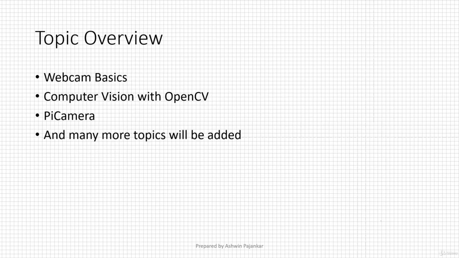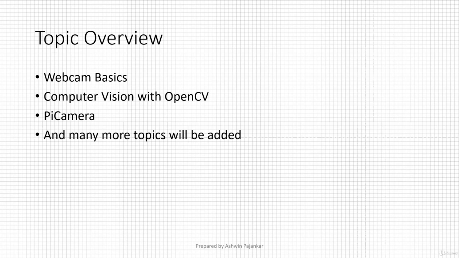Then we are going to move towards the basics of interfacing a webcam with a Raspberry Pi, and then we will understand how we can write programs related to computer vision with OpenCV and Raspberry Pi. Then we are going to have a look at how to write programs related to computer vision with Python 3, OpenCV and Raspberry Pi.